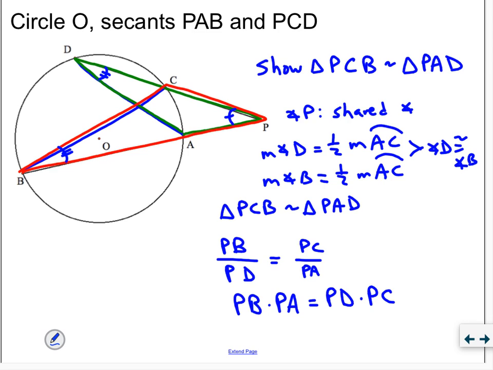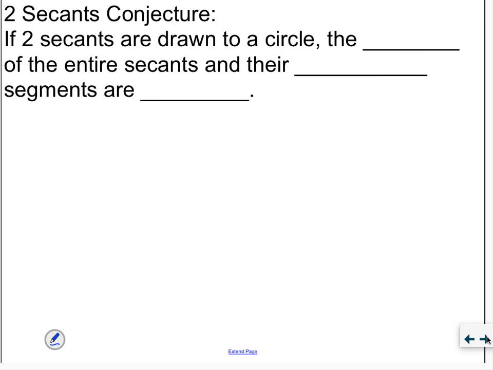Let's check that one out. If two secants are drawn to a circle, then again the product of the entire secant and their external segments are equal.